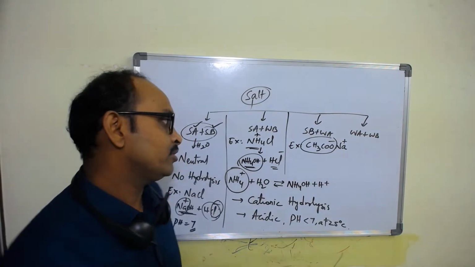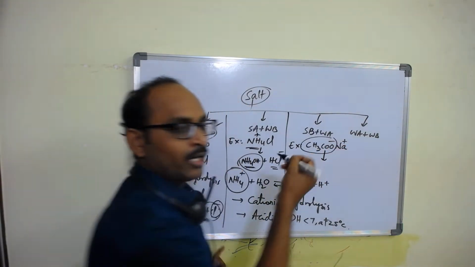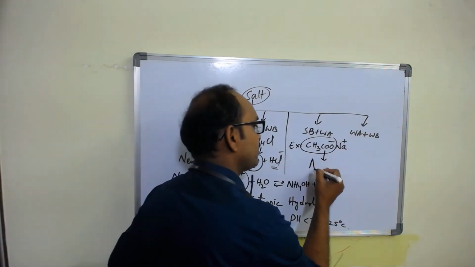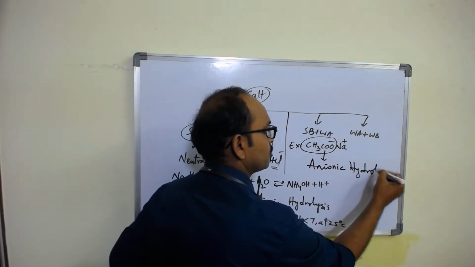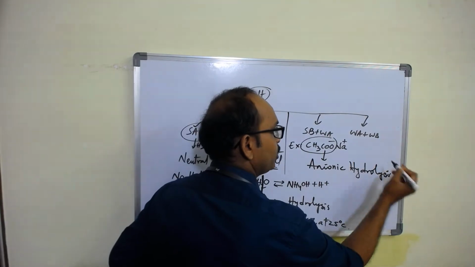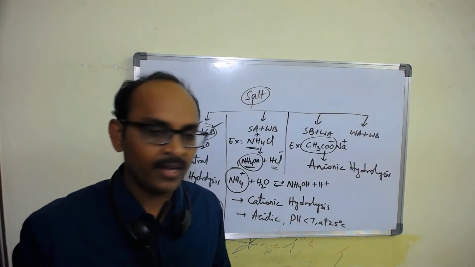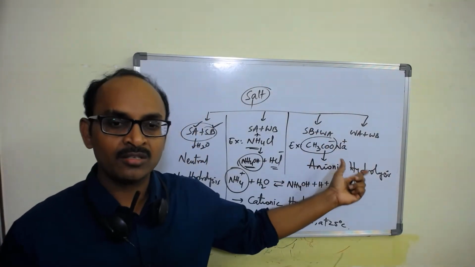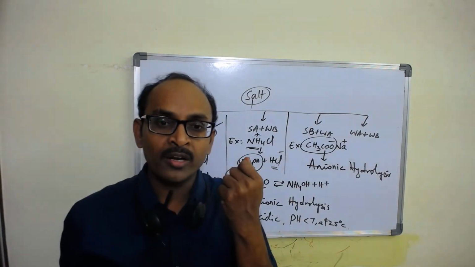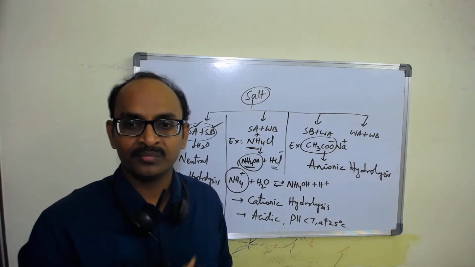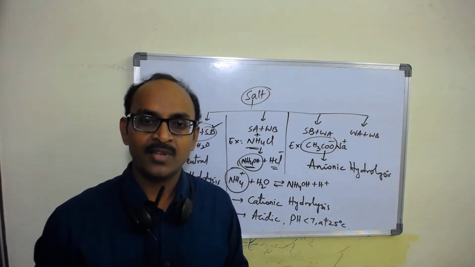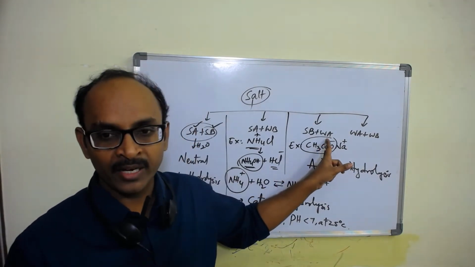And hydrolysis, what kind of hydrolysis? Anion is undergoing hydrolysis, so we call it anionic hydrolysis. If anionic hydrolysis is taking place, which part of water will it take? It will take the positive part of the water because it has negative charge.